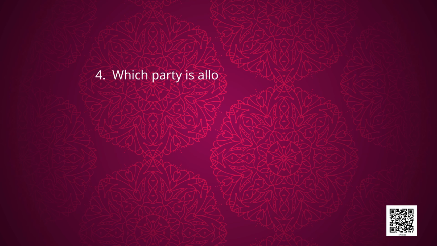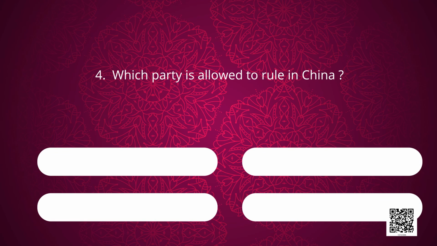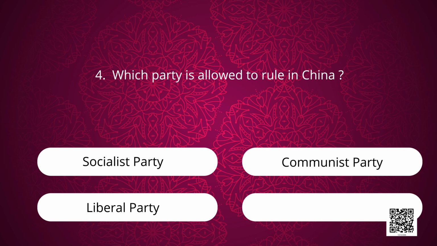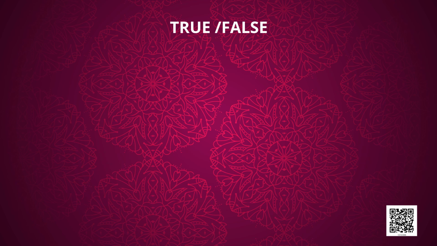Now let's take up the next question. Which party is allowed to rule in China? And the options are Socialist Party, Communist Party, Liberal Party, or Maoist Party. And the correct option is Communist Party. Now we have some sentences and you have to tell whether these sentences are true or false.